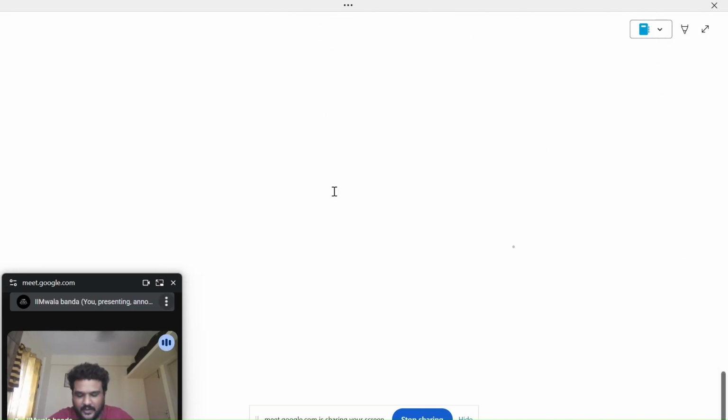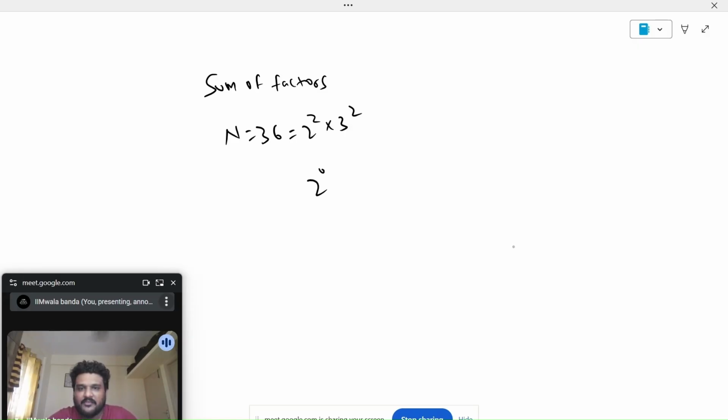Now the next thing: we just did the number of factors. We will also do the sum of factors. Again, if you look at n, which was 36, which is 2 square into 3 square, if I write it like this, every time they interact, we will get a factor. 2 to the power 0 will interact with 3 to the power 1, one of the factors, correct?